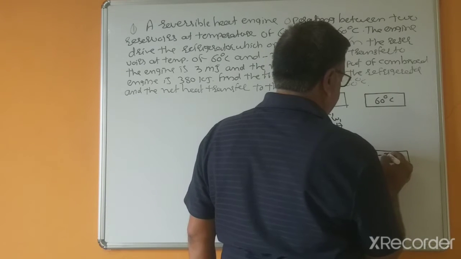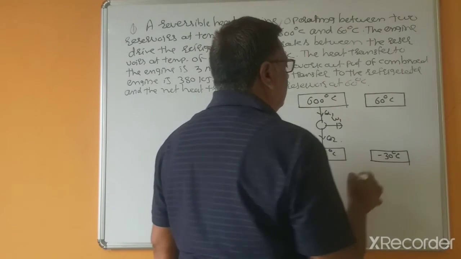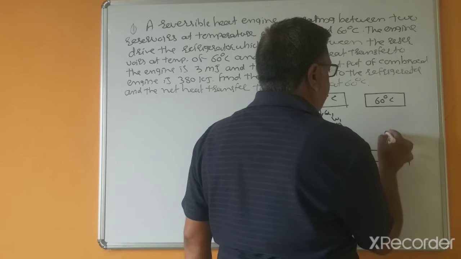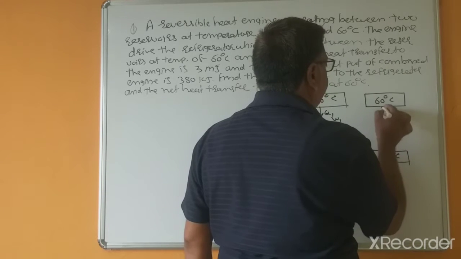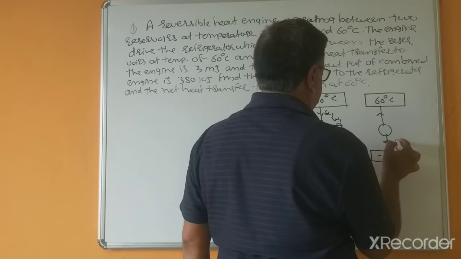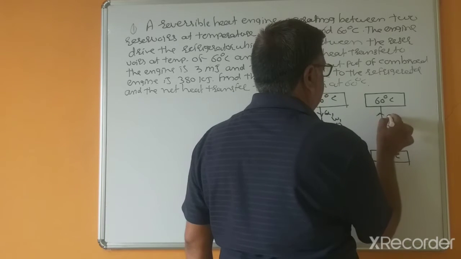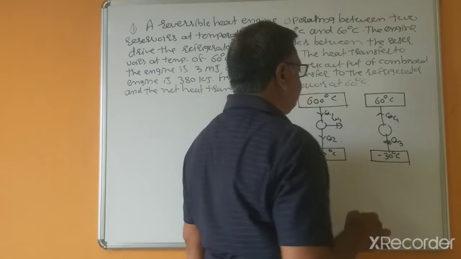Minus 30 degrees centigrade is the temperature of the space which is to be cooled.